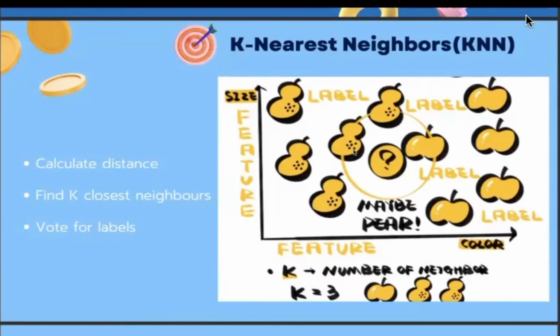Then we set the parameter K and choose its K closest neighbors. If we set K as 3, then it will choose its 3 nearest neighbors. As you can see, if we choose K at 3, there's 1 apple and 2 pears, and the object will be labeled as pear.